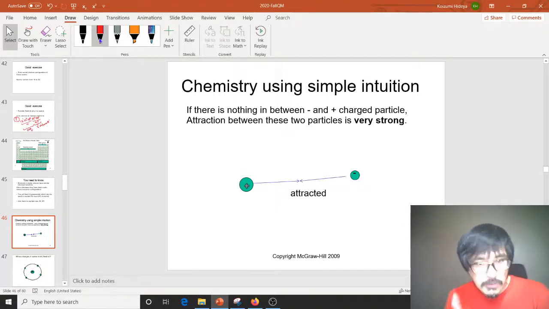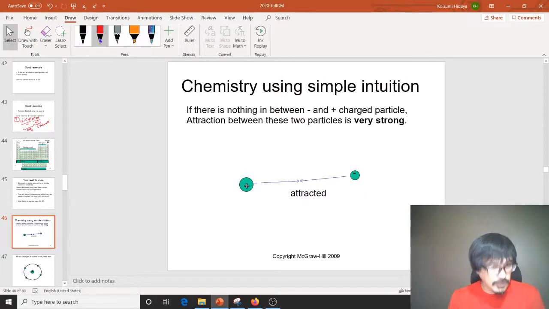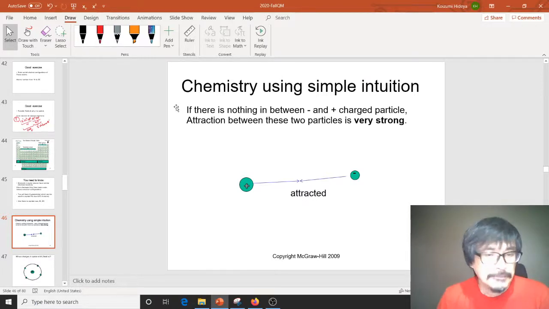Proton is always positive, and the electron is always negative. So proton and electrons have attractive interactions, and then electron and electrons have repulsive interactions. That's what you need to memorize, or maybe need to understand.